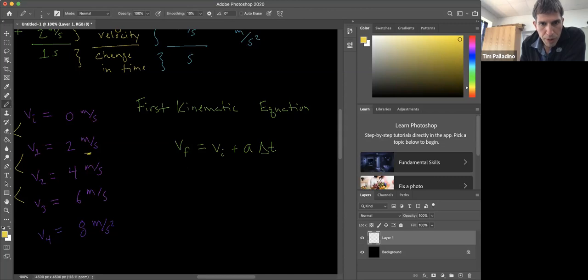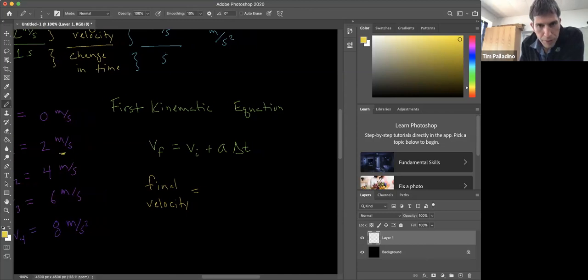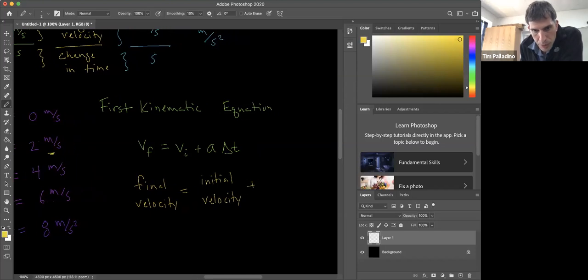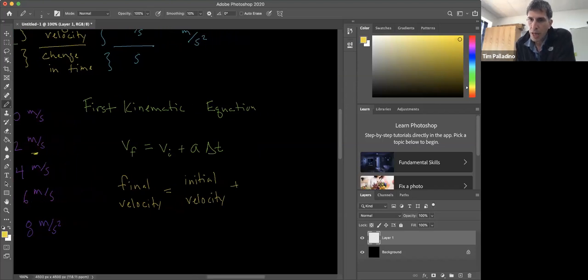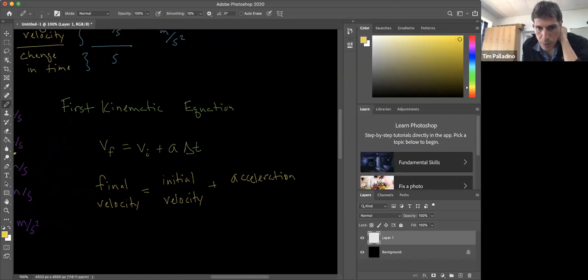This term here means the final velocity equals whatever the initial velocity is, your starting velocity, plus the acceleration times the change in time.